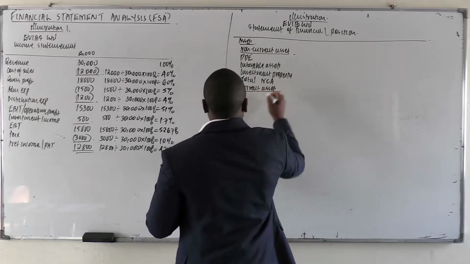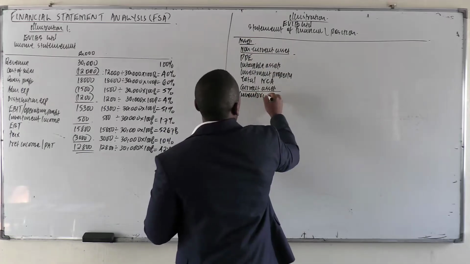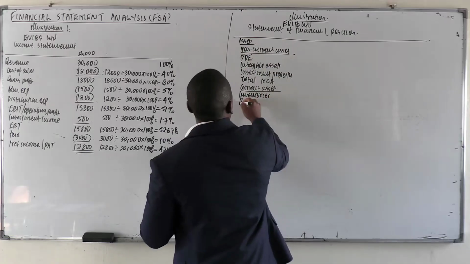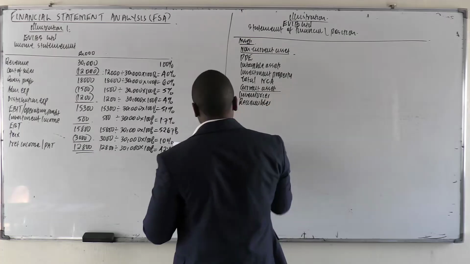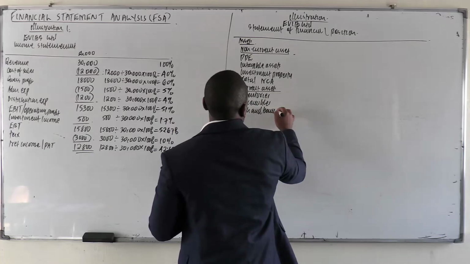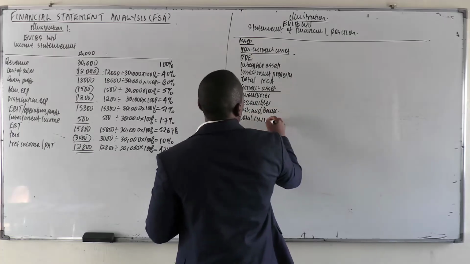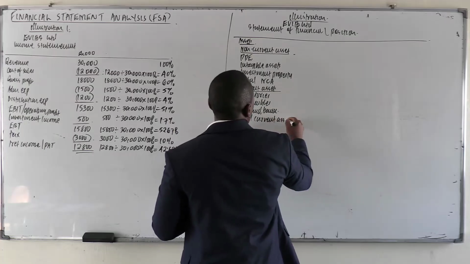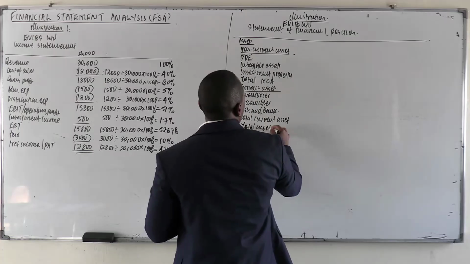For the current assets, we have inventories, trade receivables, then cash at bank. Then we get the total current assets. Therefore, you can get the total assets.